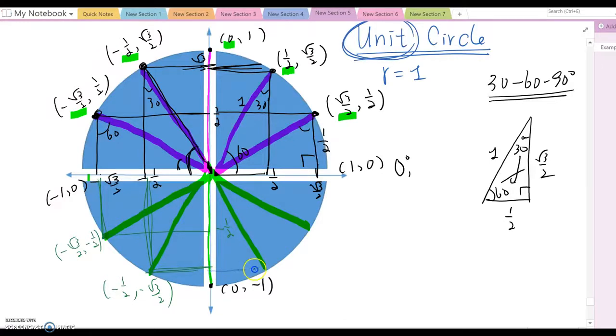Now this value will be (1 over 2, negative root 3 over 2), and this one will be (root 3 over 2, negative 1 over 2). Okay? So the angle values are 30, 60, 90, 120, 150, 180, 210, 240, 270, 300, 330, 360.